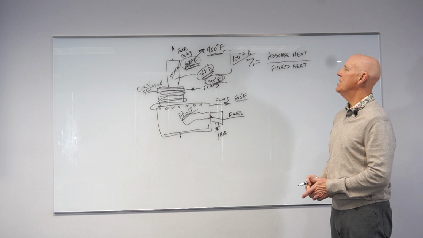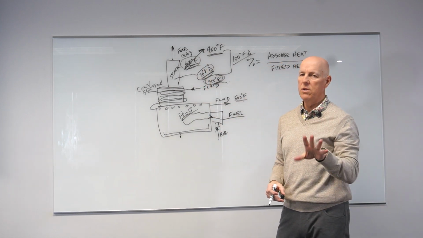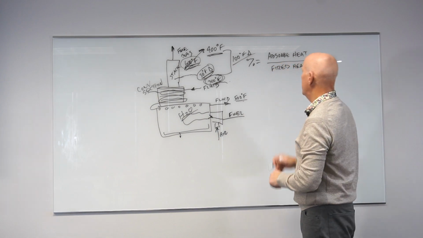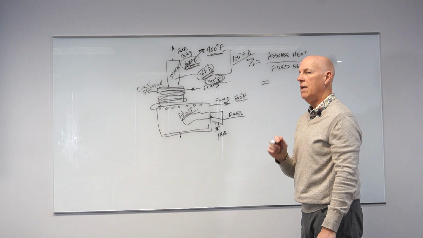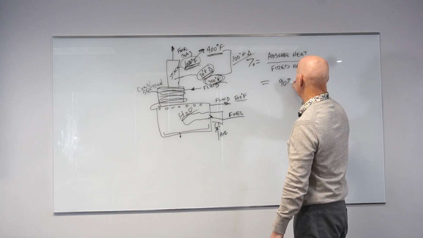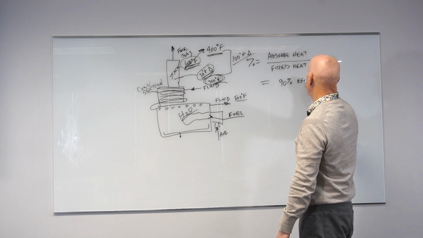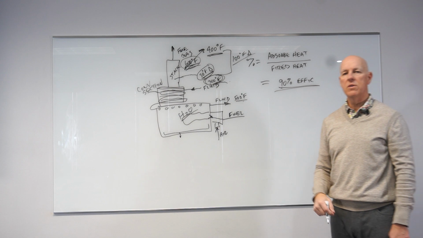So obviously, I still have some hot gas coming out. It's 400 degrees. I'm going to lose energy, but at that temperature, I can't do it exactly in my head, but I'm going to tell you that's somewhere approaching 90% efficient. So 90% is pretty doggone good.